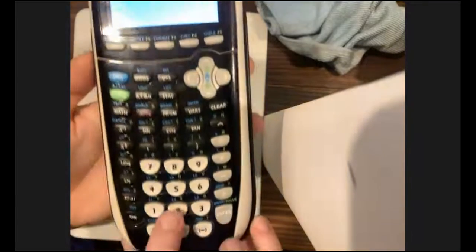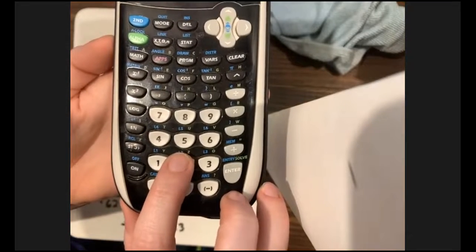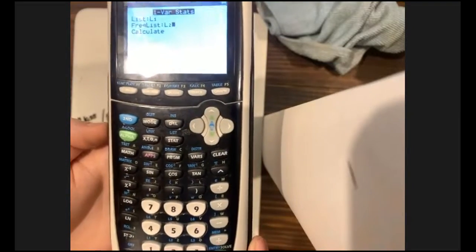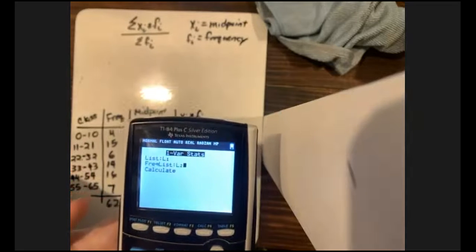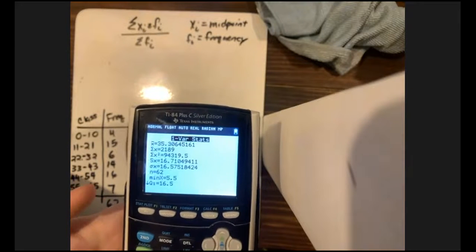For me, my L2 is down here on the number 2, in blue right here. So I'm going to press my blue button and then that, and that's going to put L2 in there. And then I'm going to press enter enough times until it calculates for me.